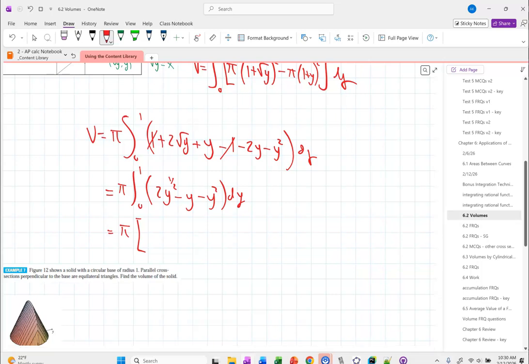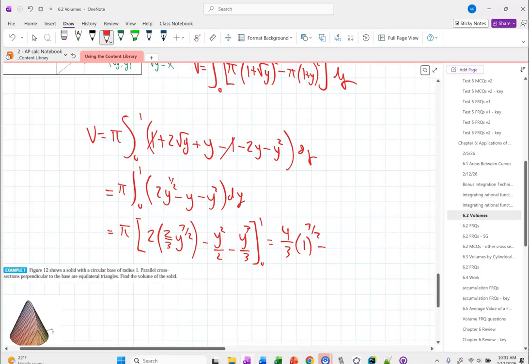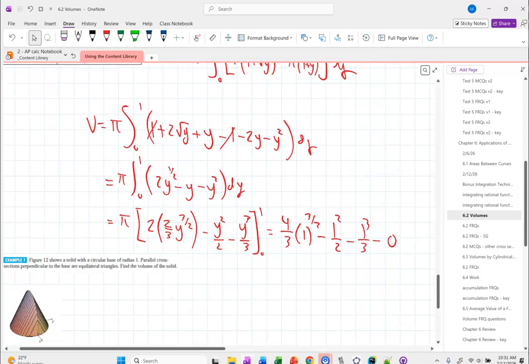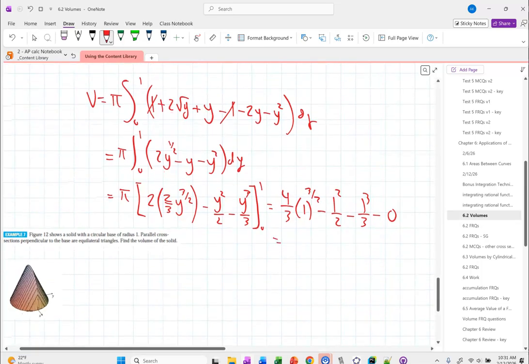So this is going to be 2 times 2/3 y to the 3/2, minus y squared over 2 minus y cubed over 3, 0 to 1. And then it's plug-in time, right? I'm just going to write minus 0 at that point. So 4/3. If I can do this in my head, minus 1/3 is 1, and then minus 1/2 is 1/2. That was easier.